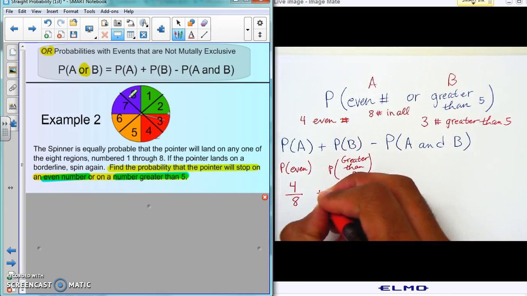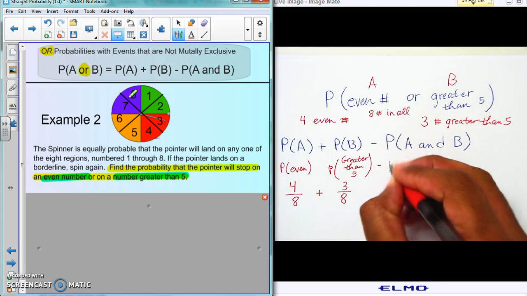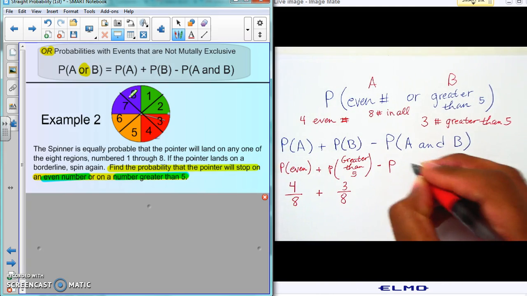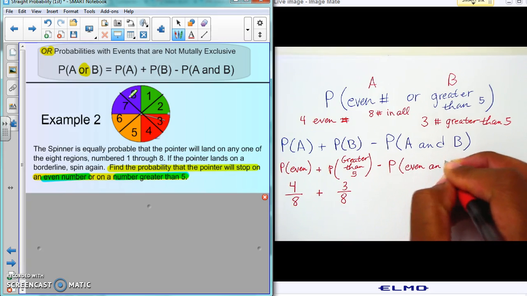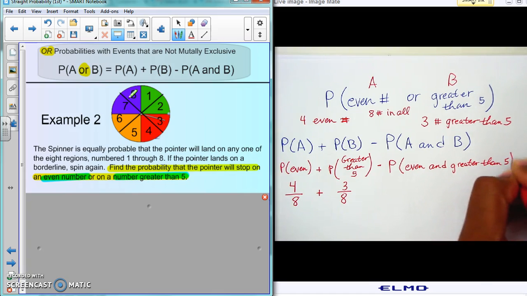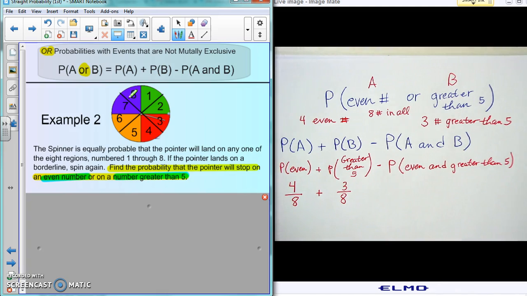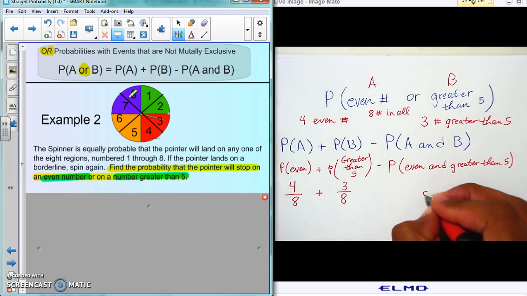And then let's put an addition sign right there. Now the last thing is figuring out what's the probability of it being even and greater than 5? So again, there's 8 numbers in all, so we're going to put that in the bottom.